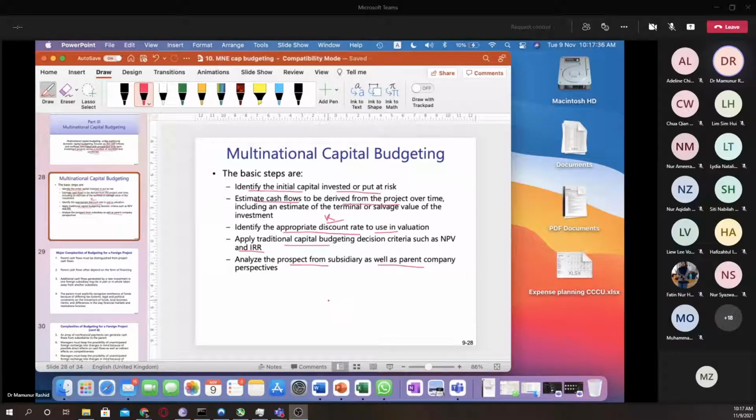Ultimately, the decision is made based on the parent company. So we need to finally conclude that the investment we are going to make is beneficial and is going to increase the value of the parent company. But we need to analyze both subsidiary and parent. So first we start with the subsidiary, then we move to the parent company decision.